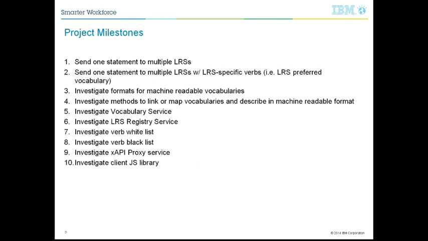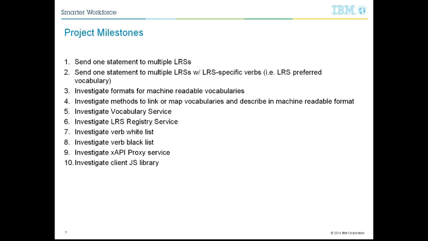Our milestones for the cohort were 2 fixed milestones and then 8-ish stretch goals. We implemented some of the stretch goals, and we're still researching some of the others. For the 2 concrete milestones, one was to first demonstrate sending statements to multiple LRSs, and then sending statements to multiple LRSs with LRS-specific verbs, or that LRS's preferred vocabulary.